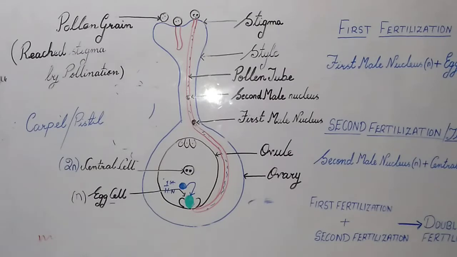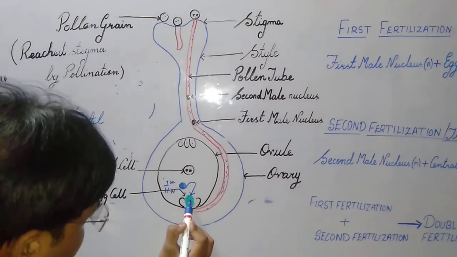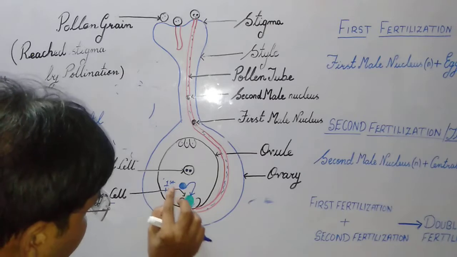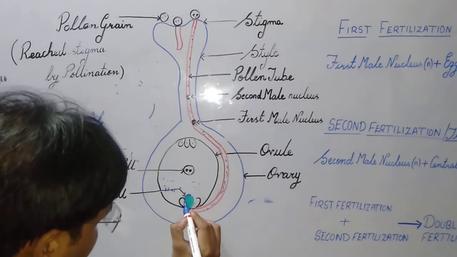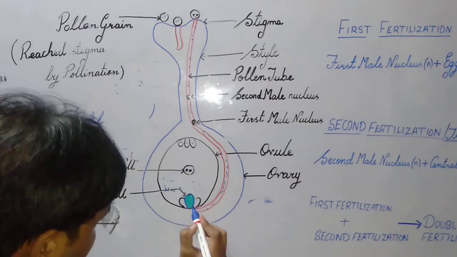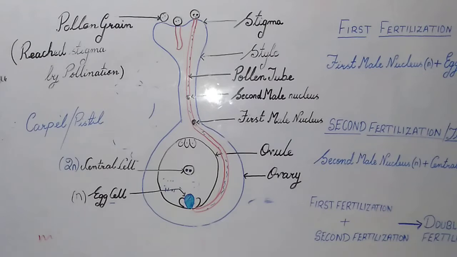After this fusion, the product that we obtain is a zygote. This zygote is going to be the future baby plant.